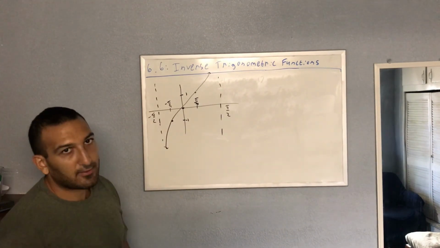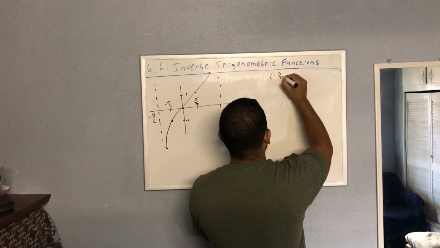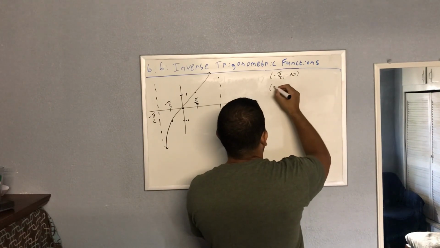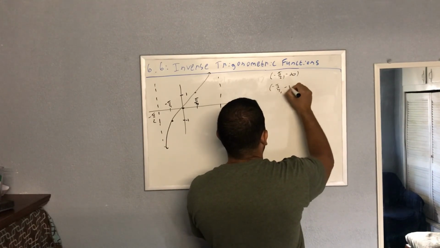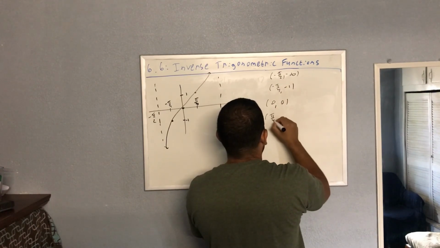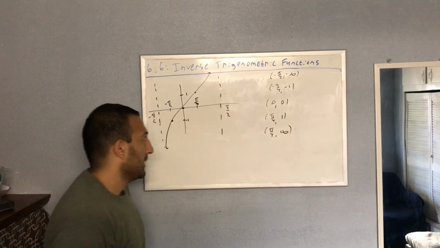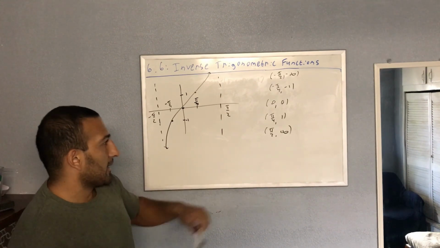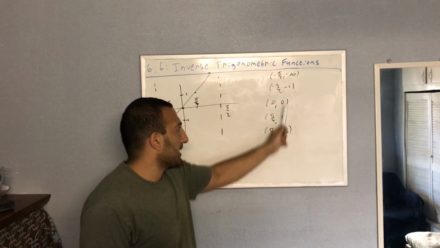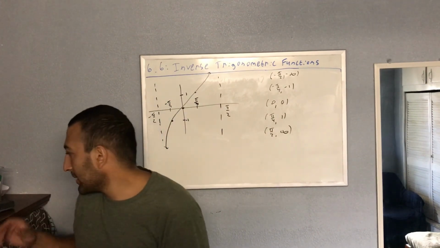So what are the 5 ordered pairs? It's like negative pi over 2 corresponds to negative infinity. Negative pi over 4 was negative 1. 0 was 0. Pi over 4 was positive 1. And pi over 2, infinity. So these are the ordered pairs in this case. Of course, having infinity as your y-coordinate doesn't make perfect sense, but we get what we mean in this case.